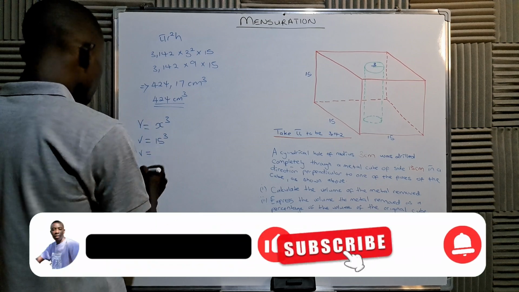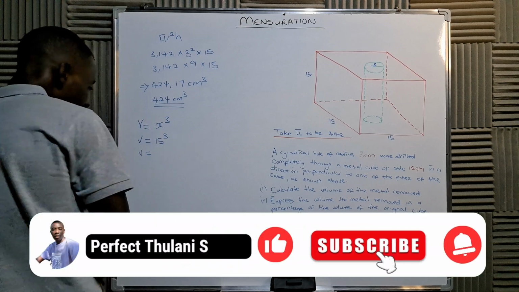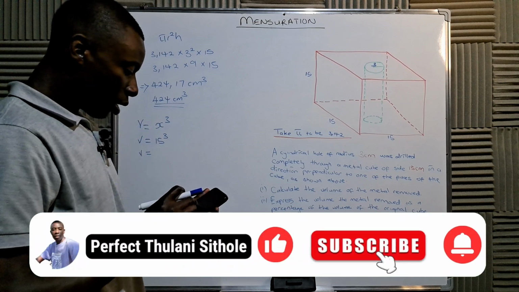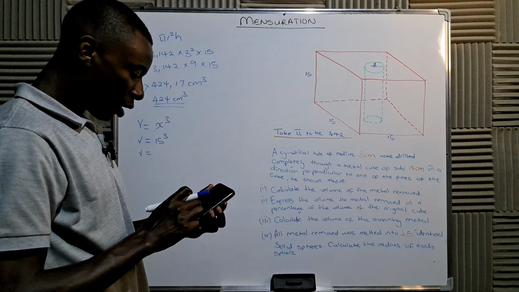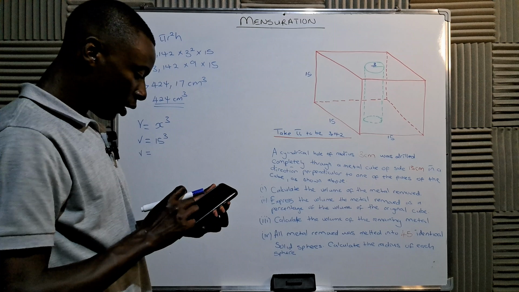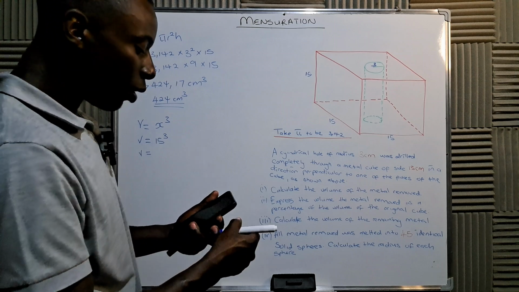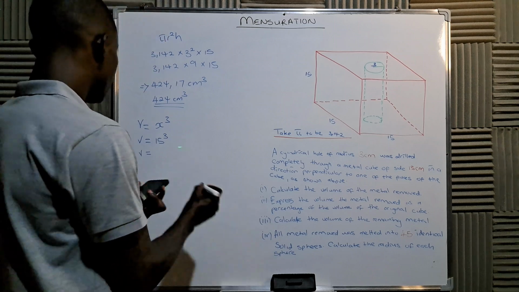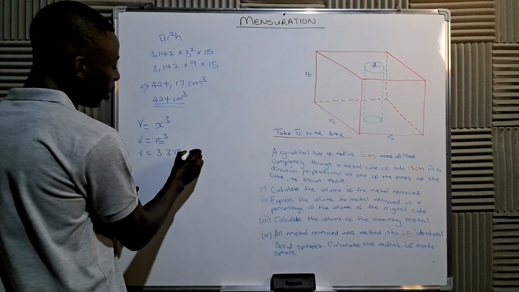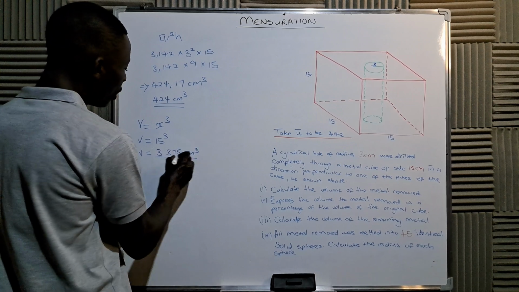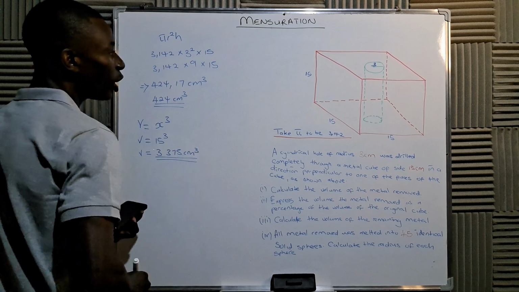So our volume here is 15 times 15 times 15. So it's 3,375 cubic centimeters. So this is our volume for the cube.